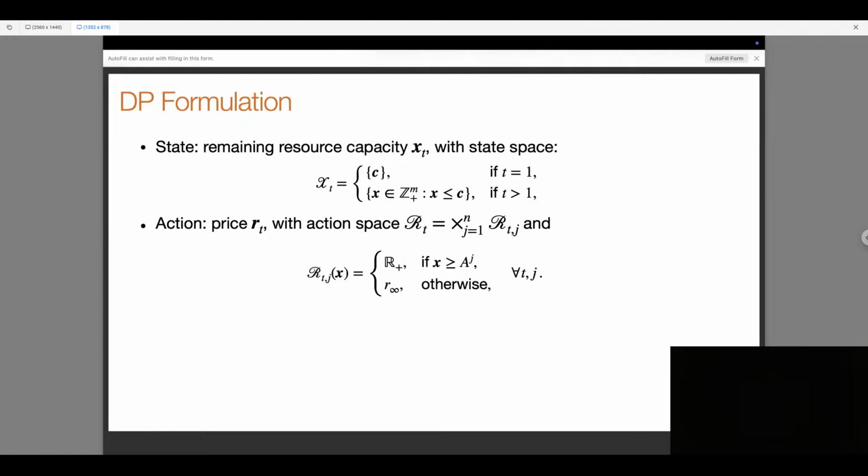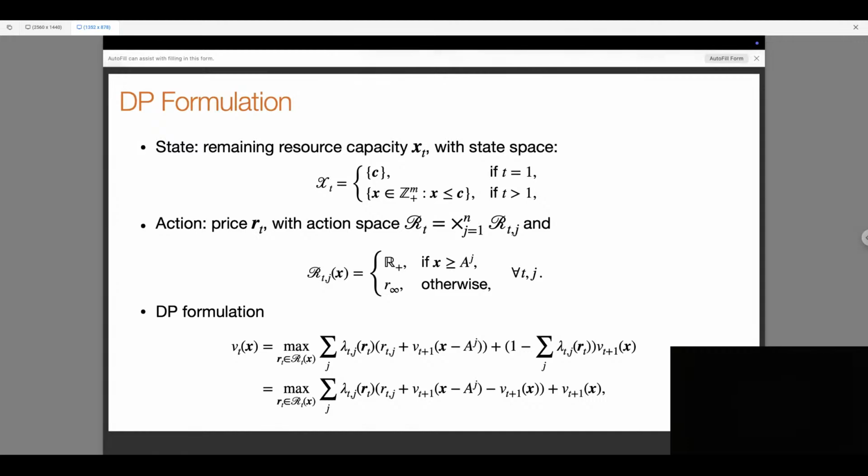If there is enough resource to produce a product j, the price can be any non-negative value. And if there is not enough resource to produce the product j, that is x less than a_j, then we will restrict the action space to the singleton R infinity, which is an impossible value that the customer would never buy at.